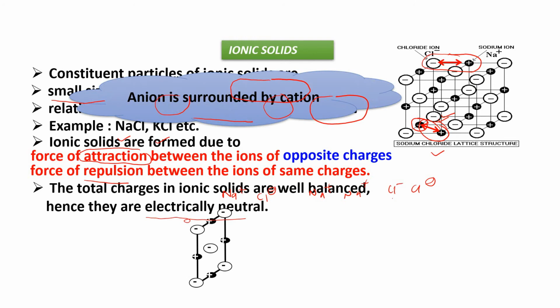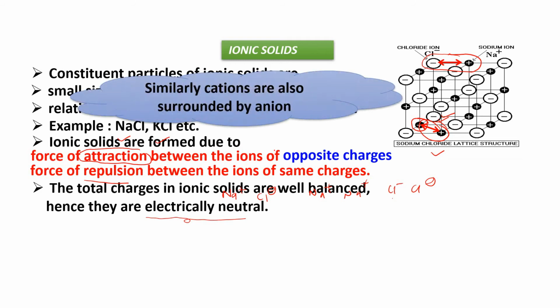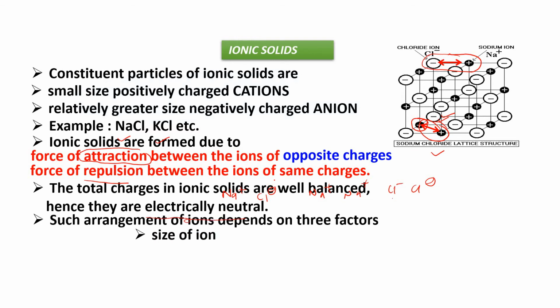Next, if you observe, an anion is surrounded by cations, isn't it? Similarly, a cation will be surrounded by anions. This happens in all ionic crystals. Such an arrangement of ions depends upon three factors.